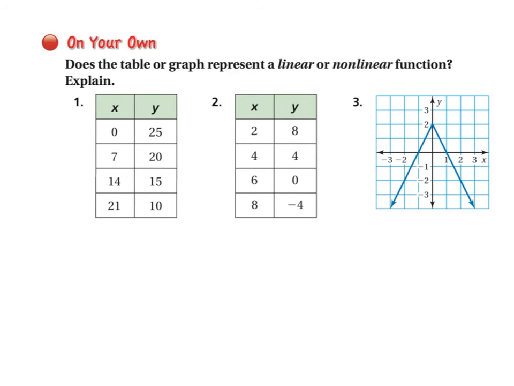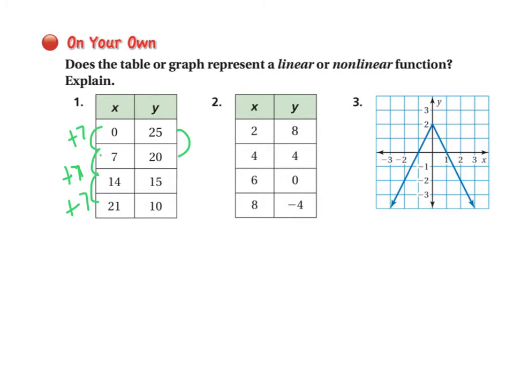We'll do all 3 of these. Does the table or graph represent a linear or nonlinear function? So when you're looking at the table, you're going to look to see what happens between each step. So you see here 0 to 7 is plus 7, right? 7 to 14 would be another plus 7. 14 to 21 would be another plus 7. So far this looks good.